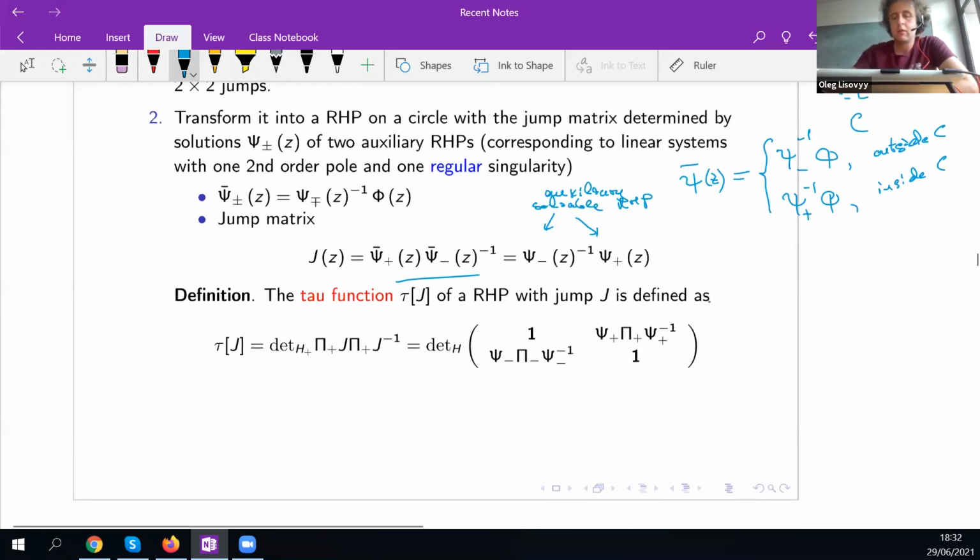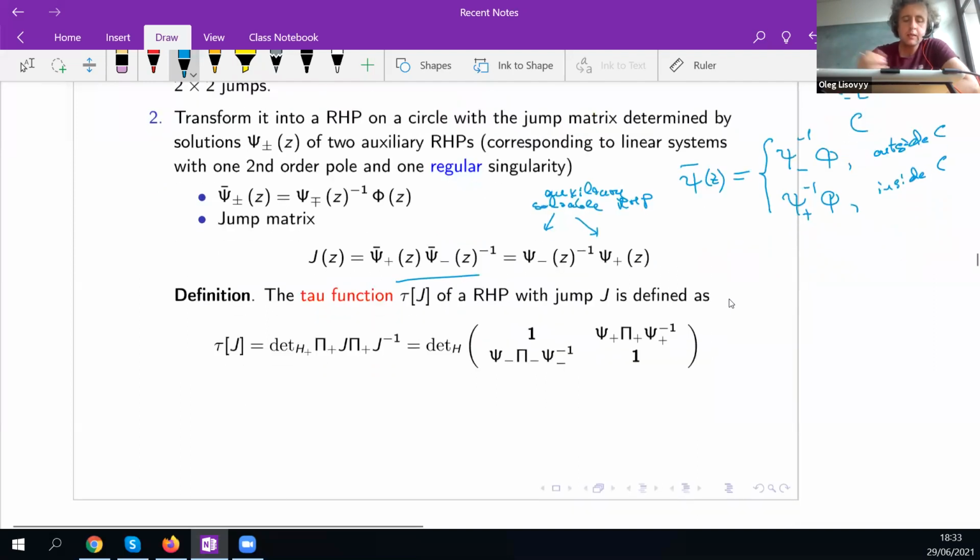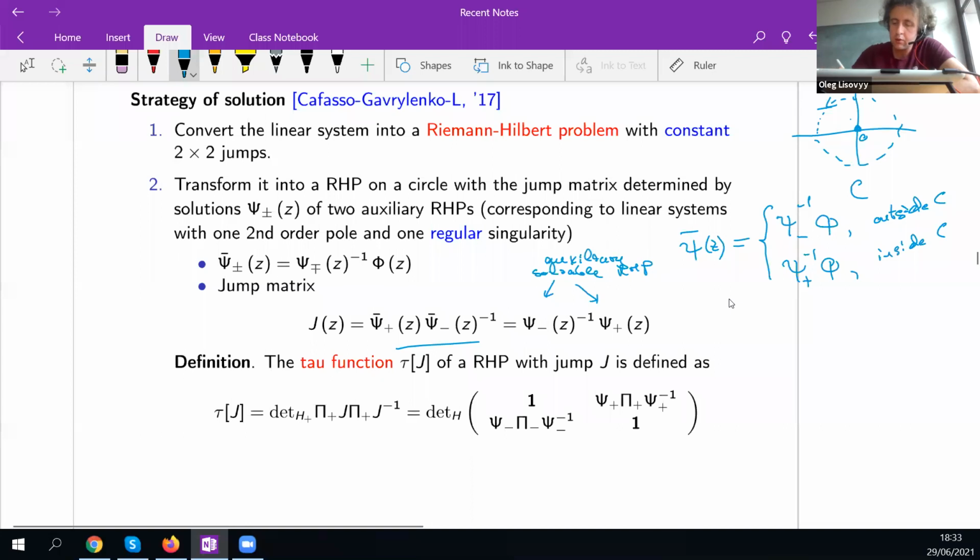And now comes the definition. Given such a Riemann-Hilbert problem, the proposal is to define the tau function, which is a functional on the space of these possible jumps J, as a certain Fredholm determinant. So let me explain the notation here.